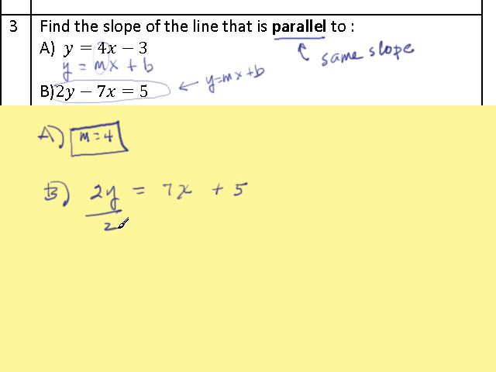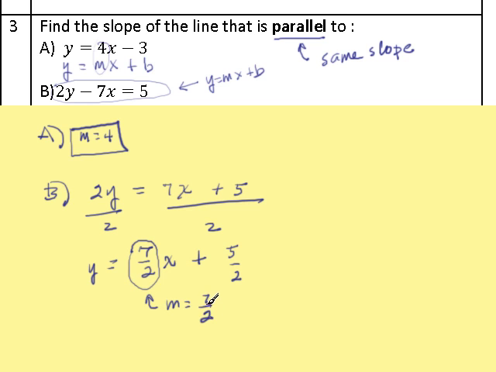And now just divide by 2. And we have y is equal to, in front of x we get 7 over 2, and 5 over 2. We're really just interested in this 7 over 2. That's our slope. Now this is in the form y equal mx plus b, so this is our m. So m is 7 over 2 for this line, and for all parallel lines as well.